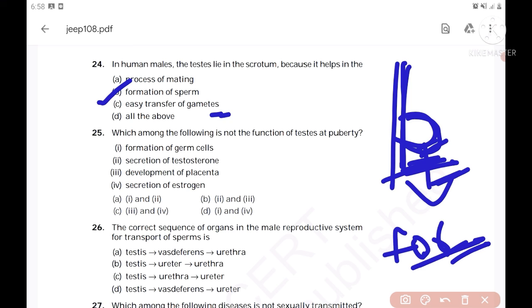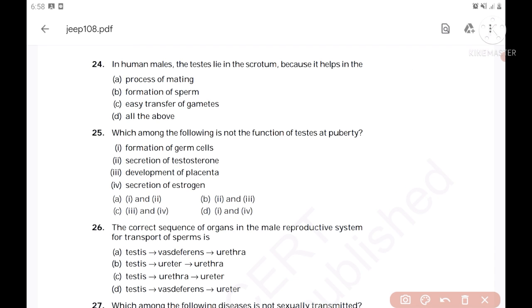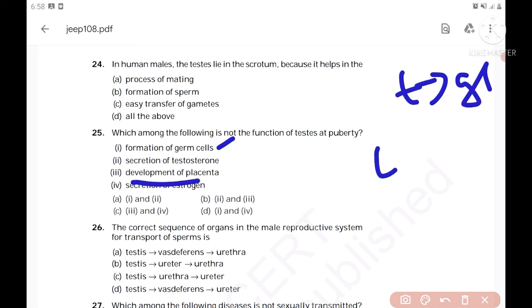Which among the following is not the function of testis at puberty? Formation of germ cells. Testis is the one which is producing the germ cell, that is nothing but sperm. Next, secretion of testosterone. Development of placenta. First of all, what is placenta? Placenta is a tissue which is connecting the embryo to the mother.